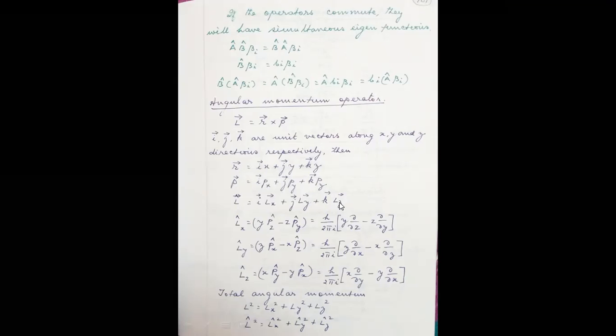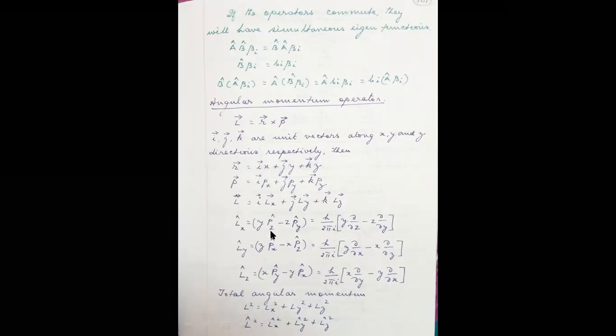When you think of operators, this is only a vector. The Lx operator, that is angular momentum along the x direction, is obtained by putting y and z and then interchanging z and y: y into pz operator minus z into py operator.